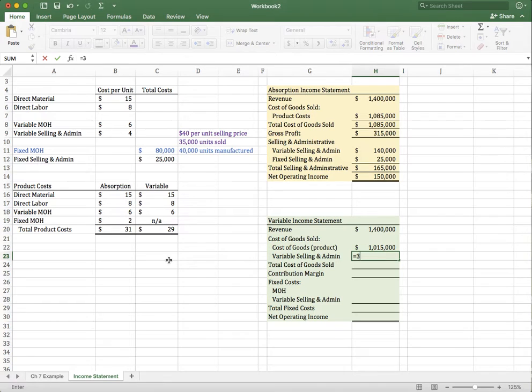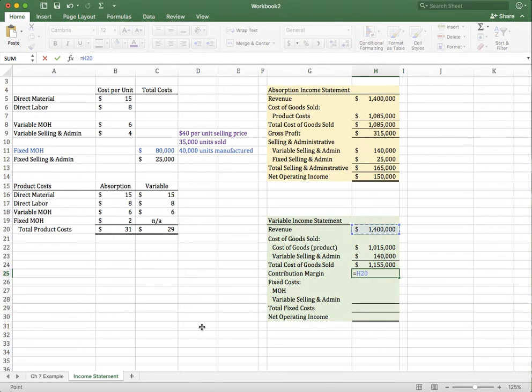So once again, 35,000 units multiplied by our variable selling and administrative, $4. So the total cost of goods sold is going to be these two, the cost of the product and the variable cost of selling and admin, or $1,155,000.